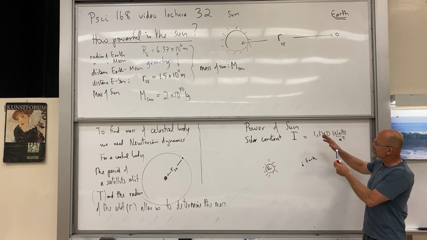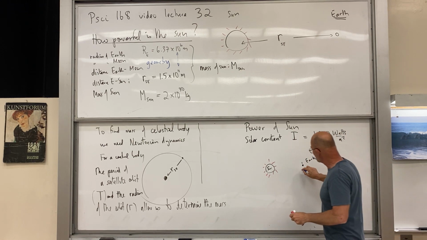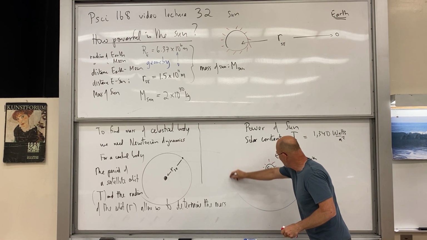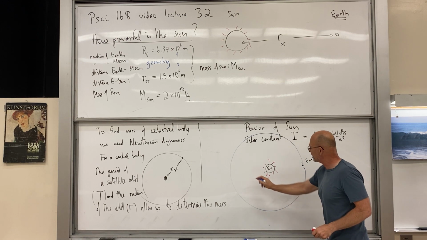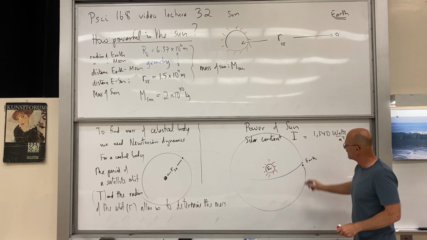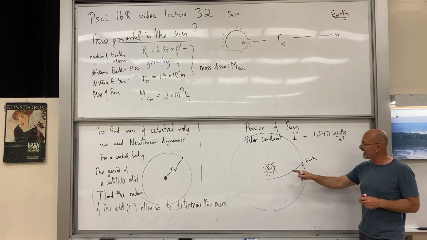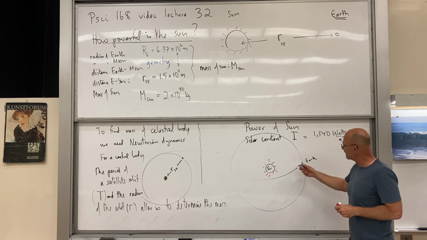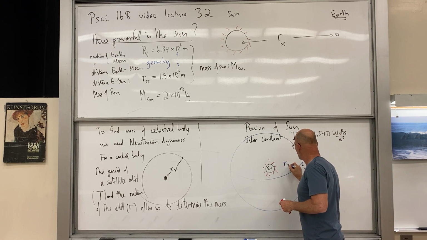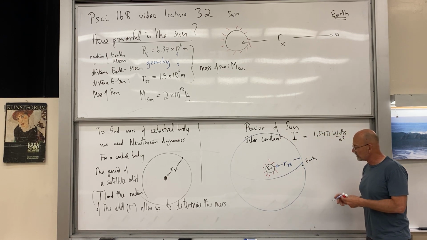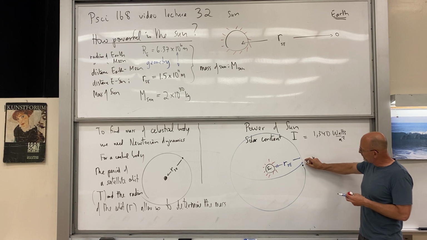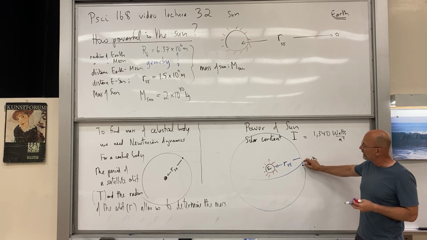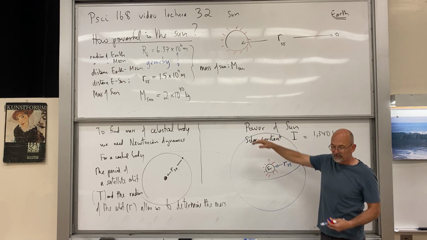So to get the entire power of the sun, we imagine encasing the sun in a sphere of radius distance of sun to Earth. And then radiation is going not just to that 1 meter squared there, but through the entire surface.